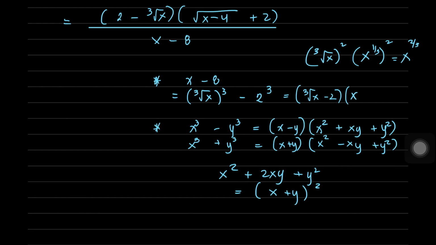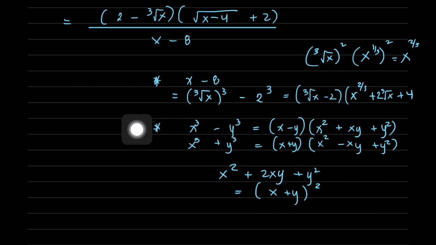So this would now be x raised to 2 over 3 minus, that would be plus, right? So plus, because I'm looking at this one, all right? So x times y, so that is equal to cube root of x times 2, and then plus y squared, so that is plus 4, because our y here is equal to 2.